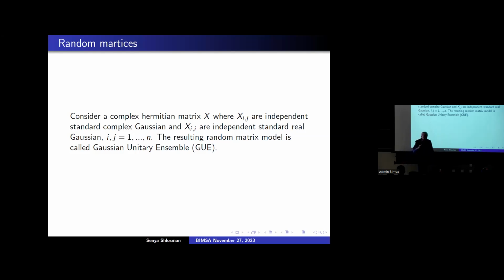In particular, you want to know how the largest eigenvalue behaves. So you know the distribution of all those x's. You take your matrix, you compute the leading eigenvalue. It's a random variable, so it has some fluctuations.